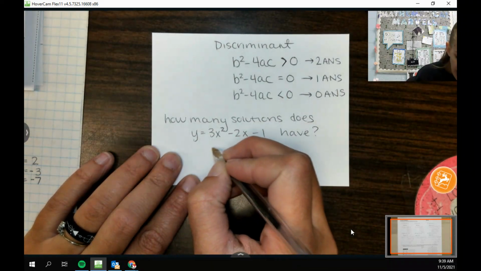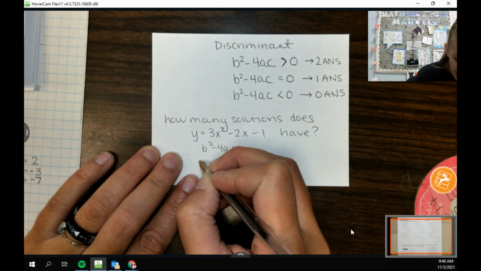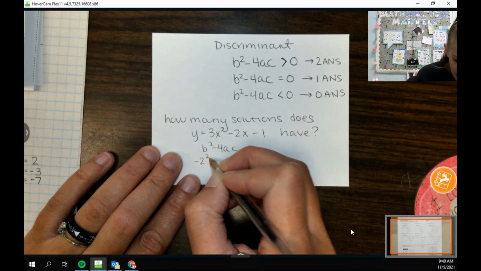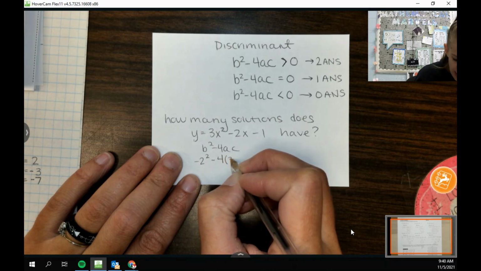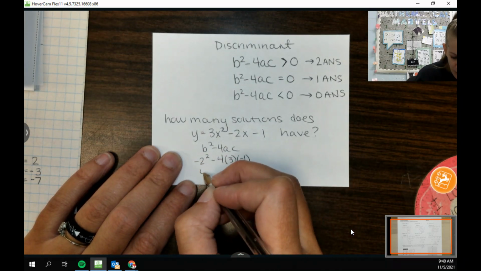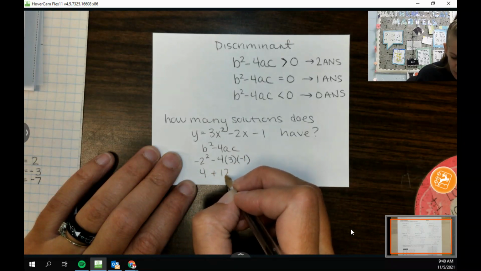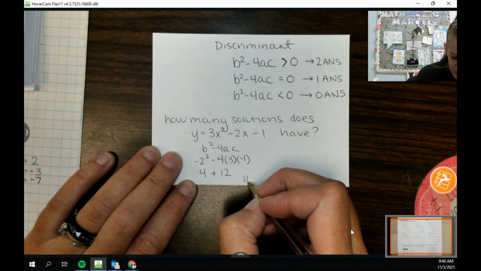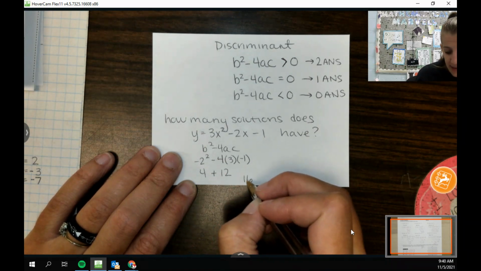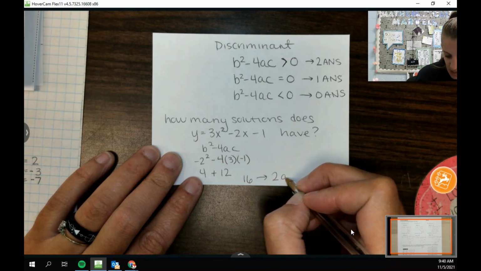So I would do like b squared minus 4ac. So negative 2 squared minus 4 times A times C. And so we get 4 minus, nope, actually plus 12, so 16. And because this is a positive number, this tells me I have 2 answers.